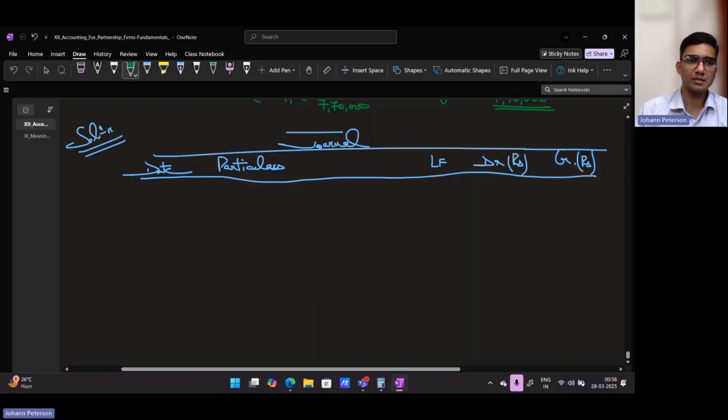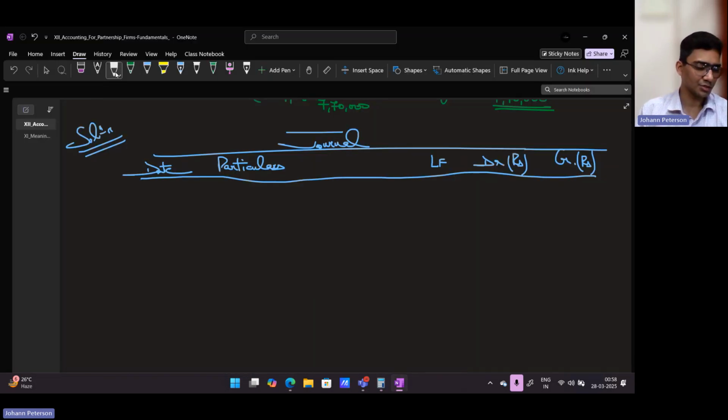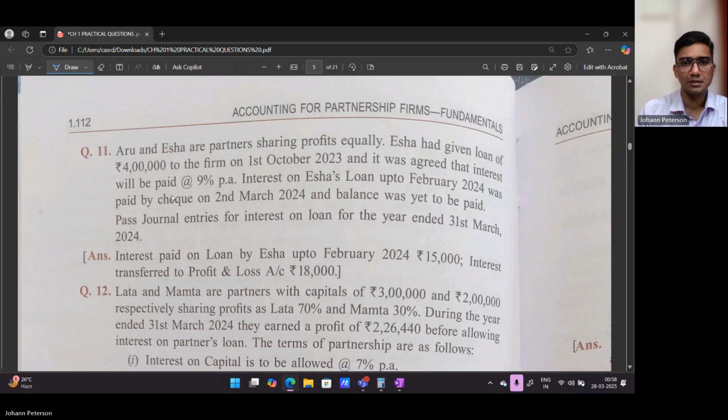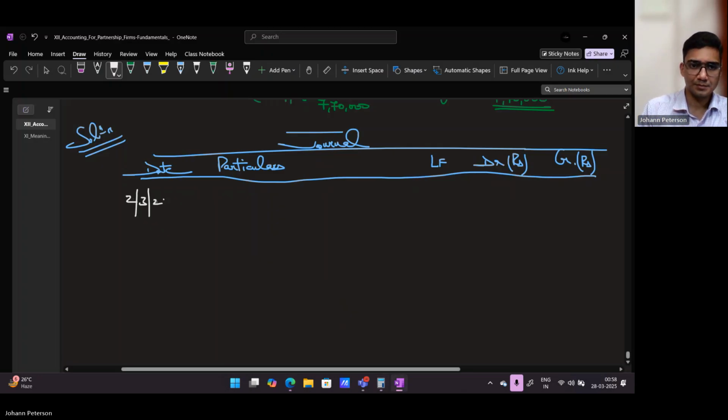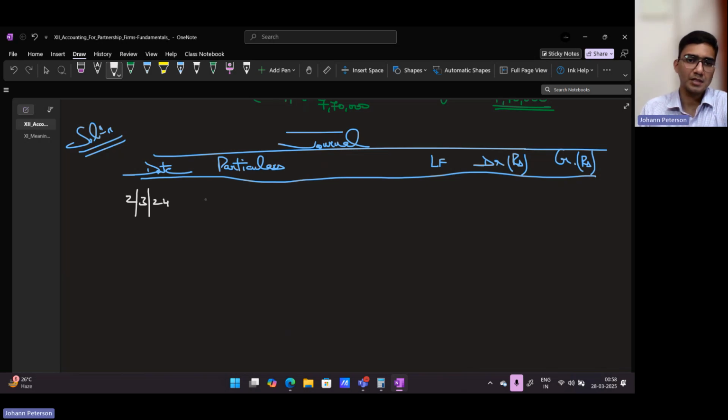So the first entry that we will put will be on 2nd March 24, in which we are going to put the amount of interest that we are paying. So what am I going to write?